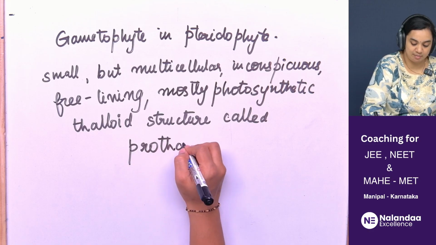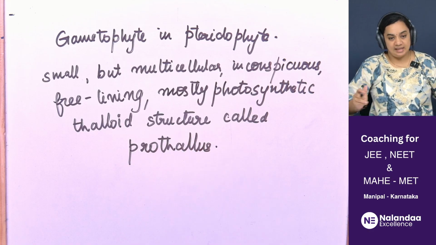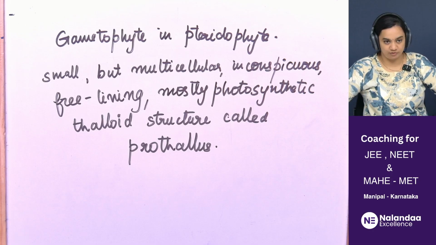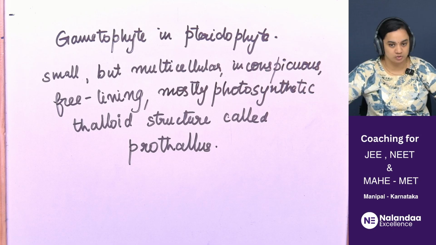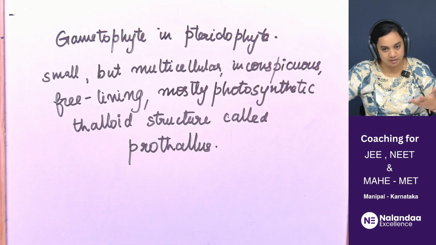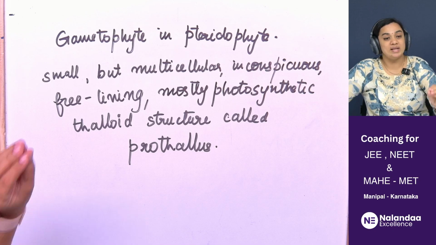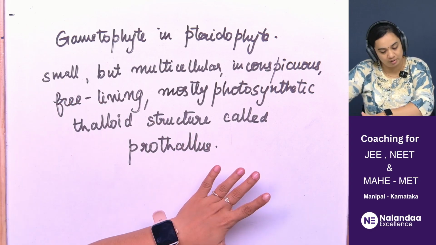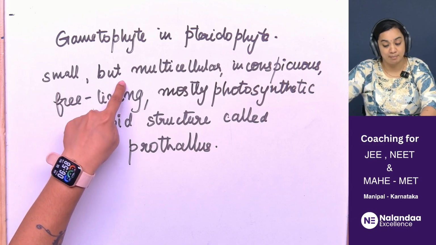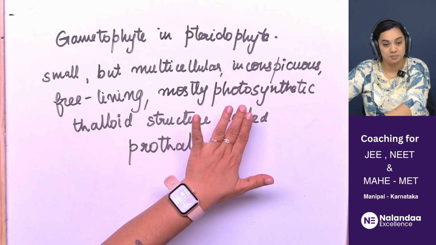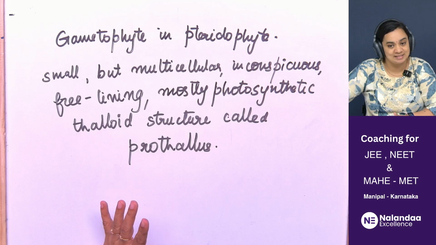prothallus. So please remember, in case of pteridophytes, the gametophyte develops from the spores. The spores get released from the sporophytic plant body. Once the spores fall on the ground, they germinate to produce small but multicellular, inconspicuous, not very well seen, okay?